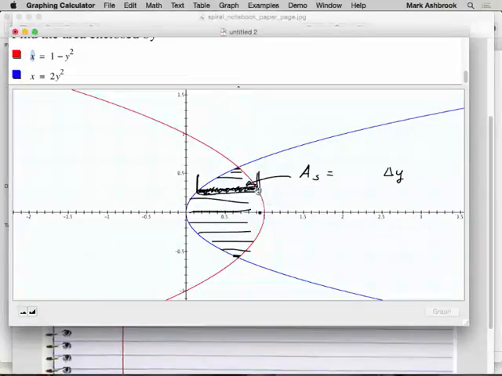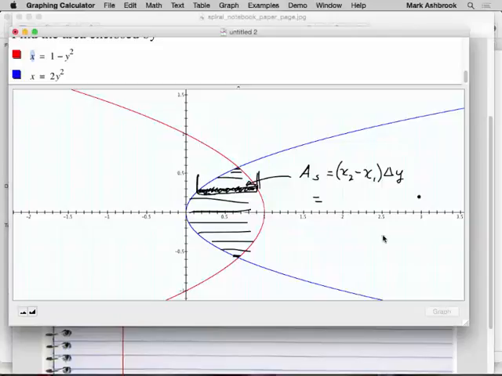So this is like x, kind of made a mess here, but it's going to be x2 minus x1. x2 is what? Here's another reason why this is much better with delta y, because what is x2? You're looking at it. There it is. It's the red curve.